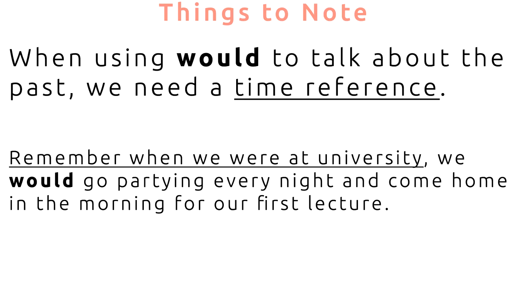So in this example, the underlined part is a time reference. He's giving a time in the past that he's talking about, when we were at university. So when we use would to talk about the past, we must use a time reference in our sentence.